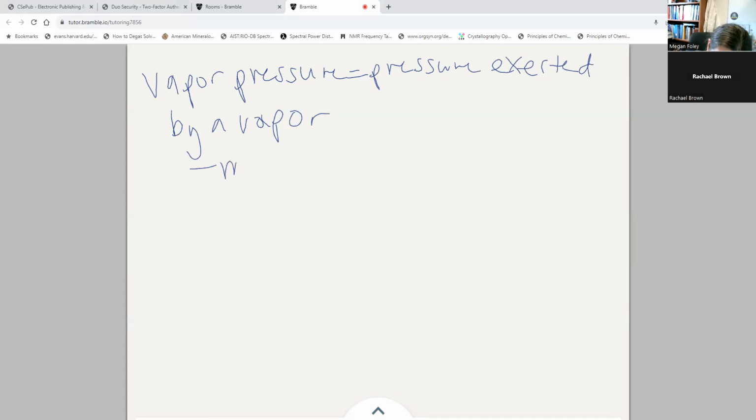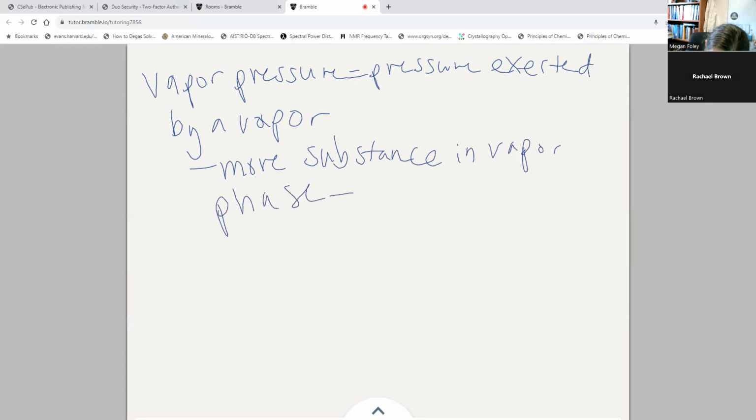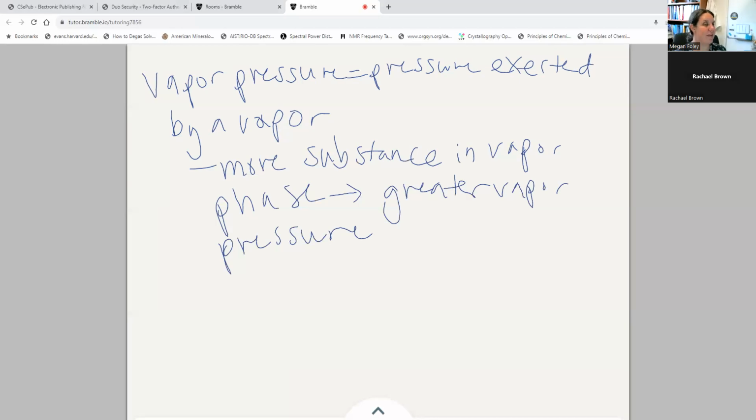So more substance in the vapor phase, greater vapor pressure. And this is something that if we have a closed container, we'll always have an equilibrium vapor pressure.